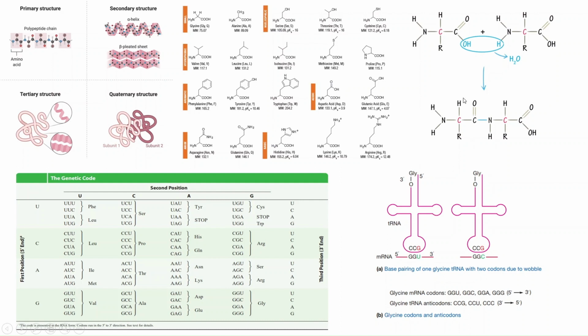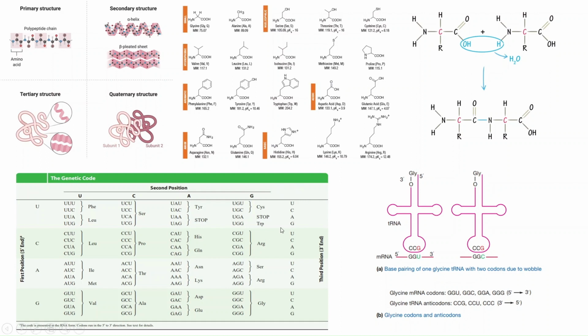Okay, so these amino acids, where do they come from? We all know, as we have learned in the central dogma, there is DNA which is transcribed to mRNA, right? So these mRNA undergo translation.